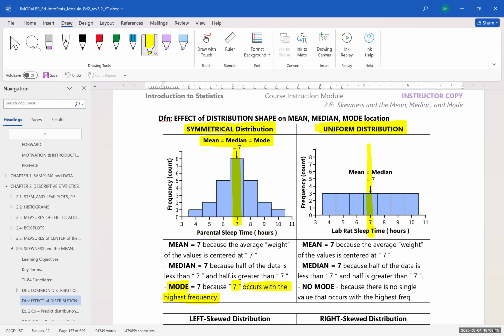So when you look at this normal distribution, a 7 occurs with the highest frequency. All the other values, 6 and 8, have a lower frequency. So the mode is 7 in this example here on the left.